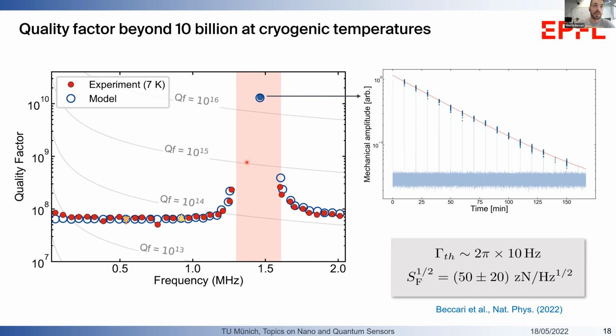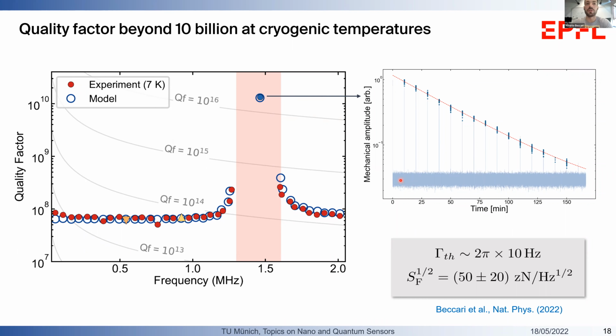You could see that the localized mode inside of the bandgap had an extremely high quality factor; the average value that we measured is around 13 billion. That is enhanced by more than 2 orders of magnitude compared to the resonances that are located outside of the bandgap. And this is even more than the expectation we would have just from dissipation dilution or the soft clamping effect. But as I will discuss later, we would have expected a smaller improvement just from dissipation dilution.